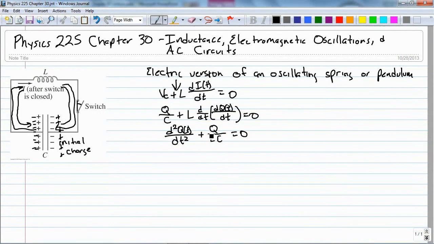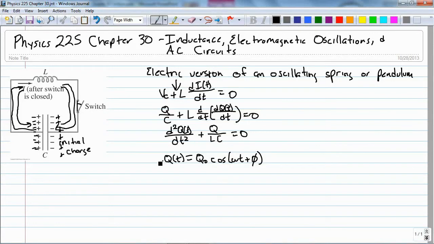And for this form of the equation, we remember that we had a solution: Q(t) is equal to Q naught cosine of (omega t plus phi), very much like we had for the spring.